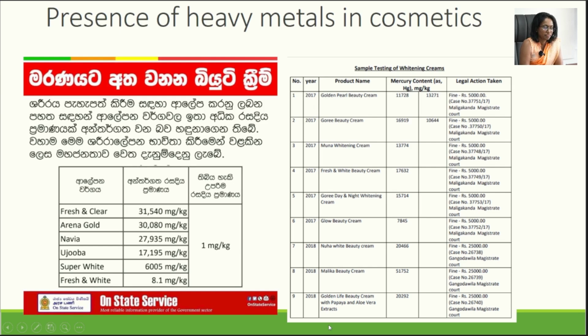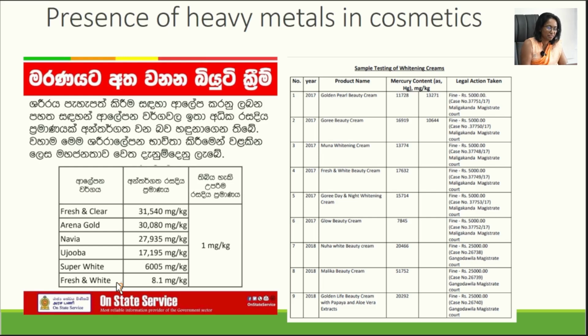So you see the creams, okay? Fresh and clear is one, fresh and white is one, right? Ujuba, even recently one of our patients applied Ujuba and came with some symptoms.